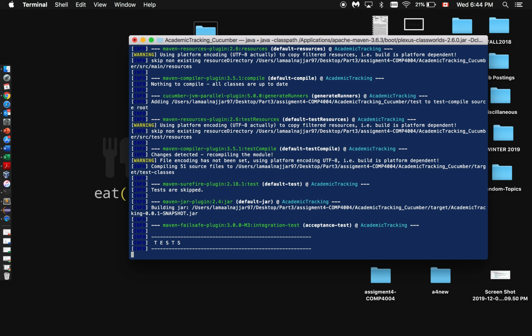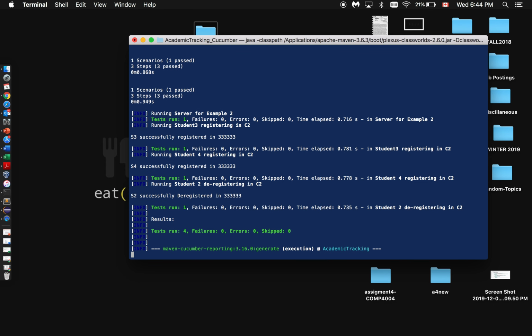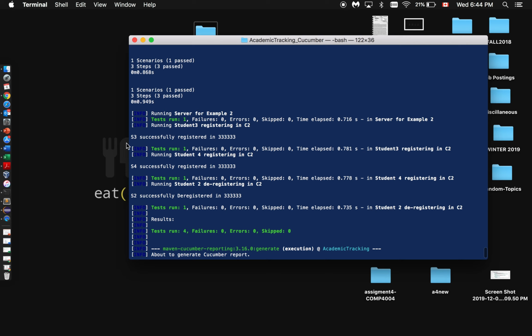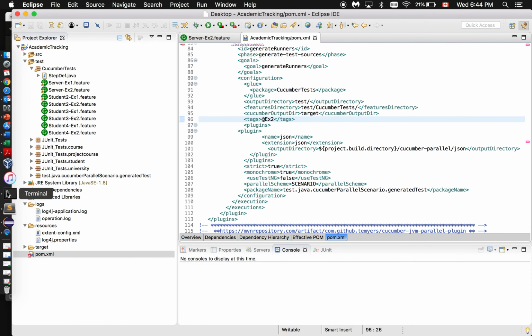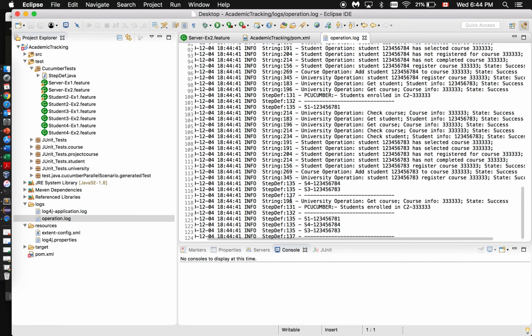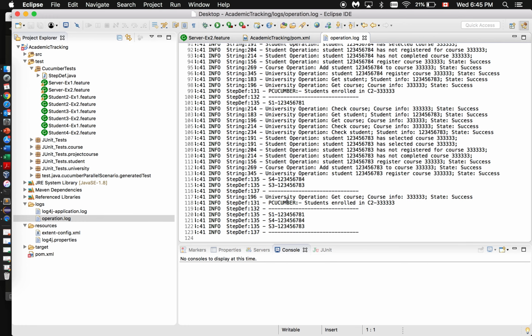So let's see what's going to happen. Okay, so we see that S3 and S4 were able to register, but S2 deregistered from there. Just to show you that through the logs, the registration happened for S4 and S3, which means that S2 was deregistering right after S4 and S3.